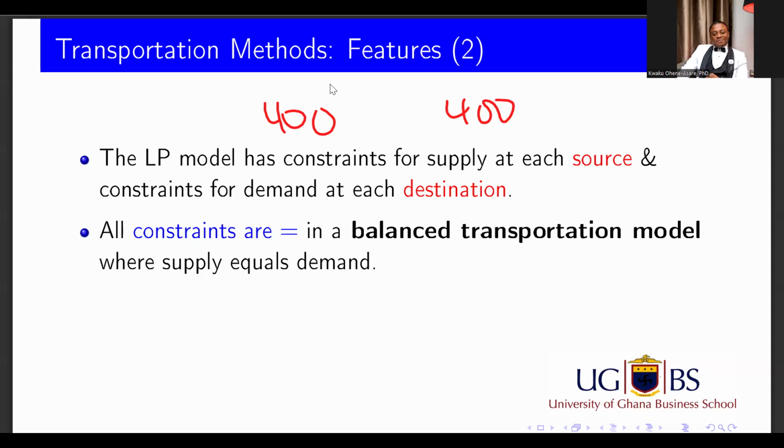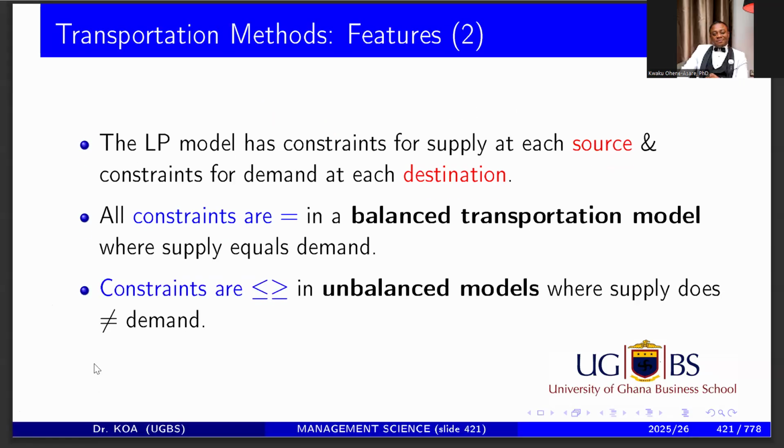But if the supply is less or the demand is less, then we have an unbalanced transportation model. Why is this important? Because the way you treat them in the model is different. And we shall look at an example. When you have a balanced transportation model, all the constraints will take the equal to sign.